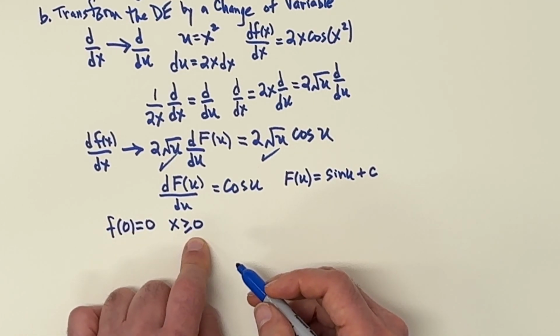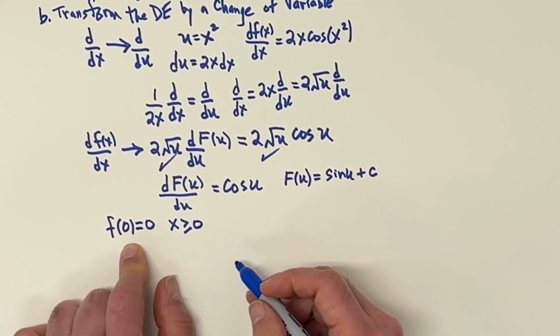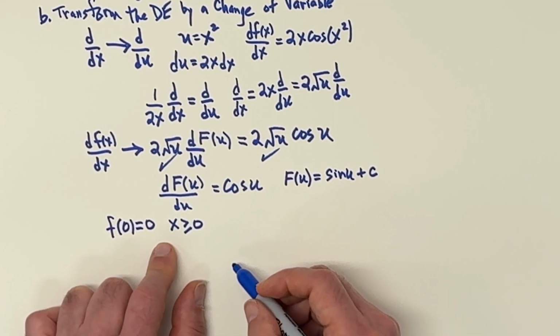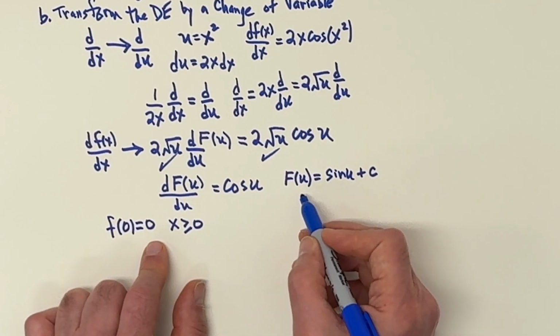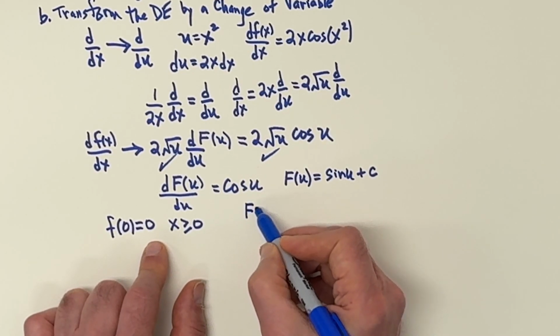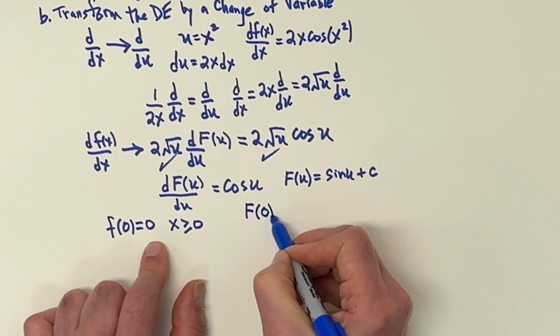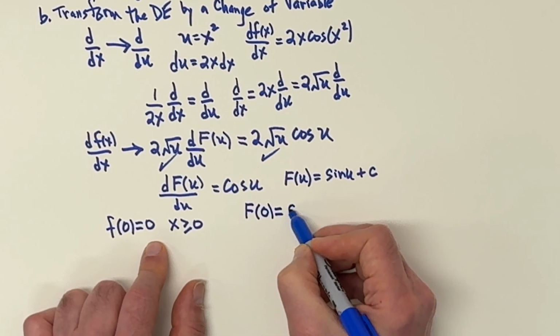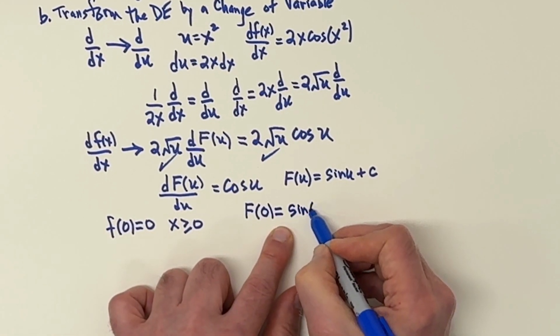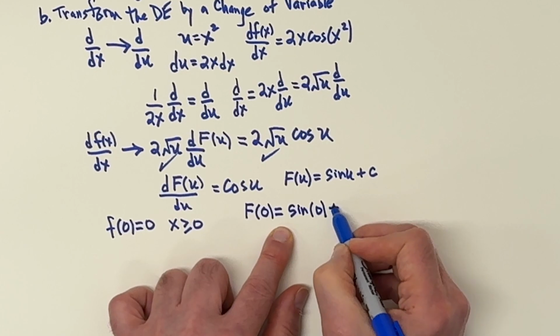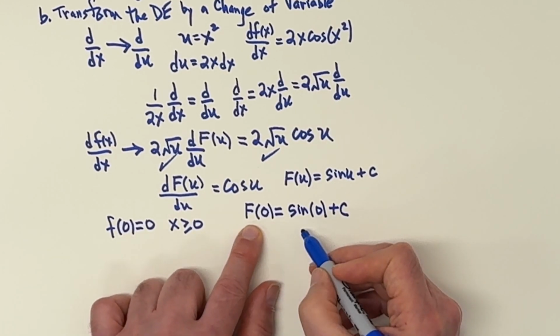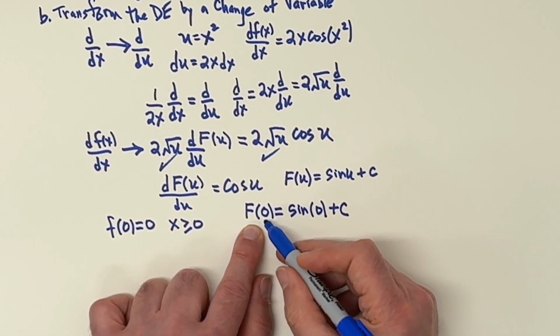This condition and this other condition were stated originally. So that means we can check what happens if you have capital F of u equals 0. That would be the sine of 0 plus a constant. Well, what is this capital F of 0?